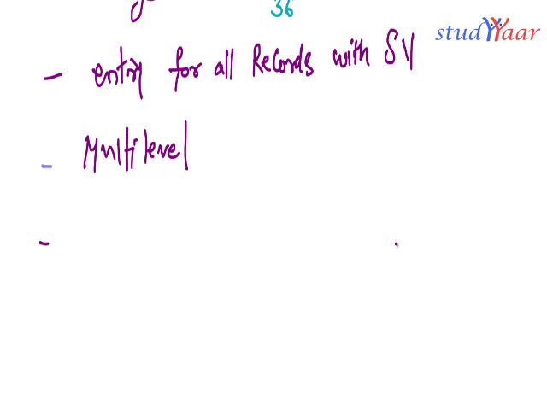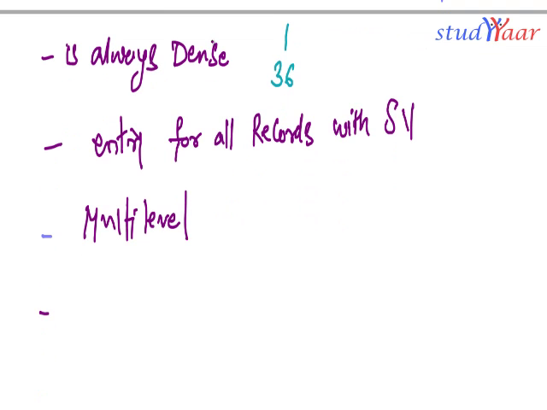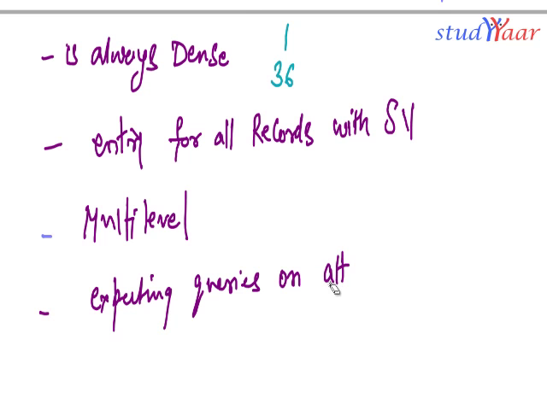Why do we create this? We create this because we are expecting queries on non-primary attributes.